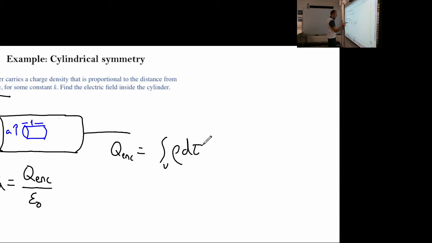And d tau for a cylindrical coordinate system is given by s ds d phi dz.